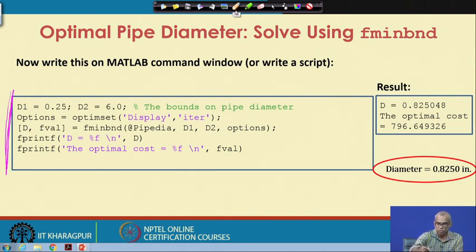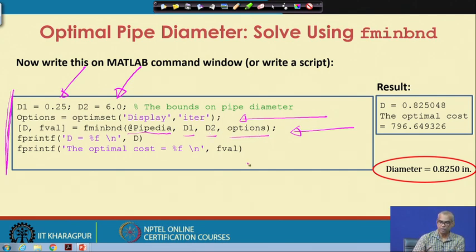So, D1 is 0.25, D2 is 6, lower bound and upper bound, options, and then the syntax we are following is D and fval are the values that fminbnd will return, function file @pipedia, D1, D2, lower bound and upper bound, and options.